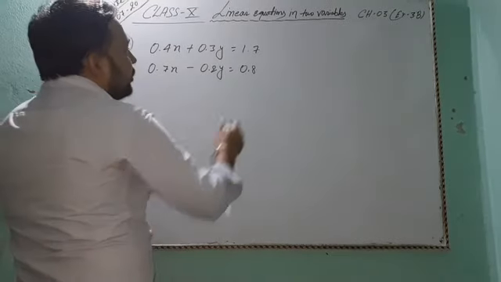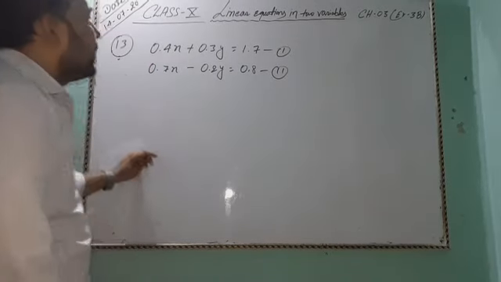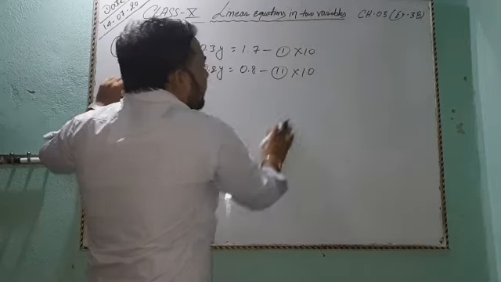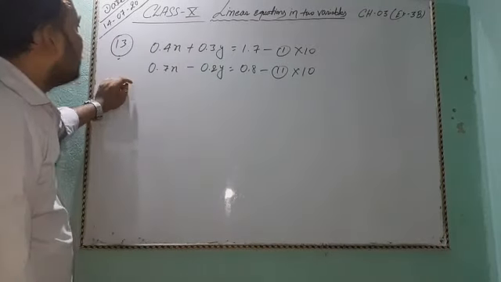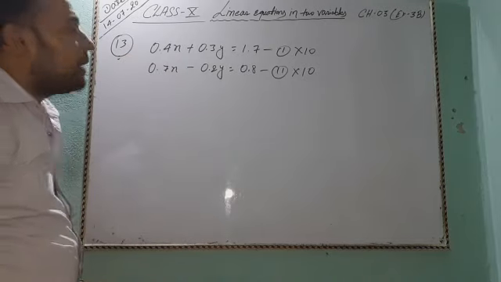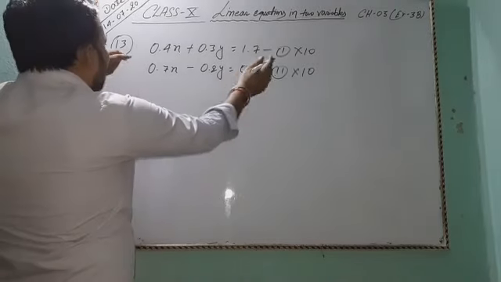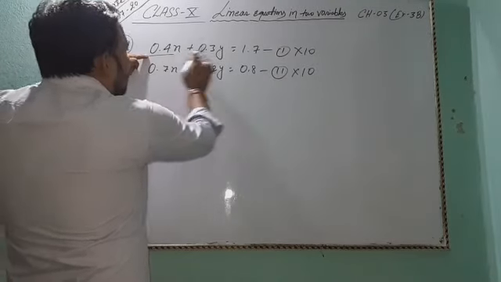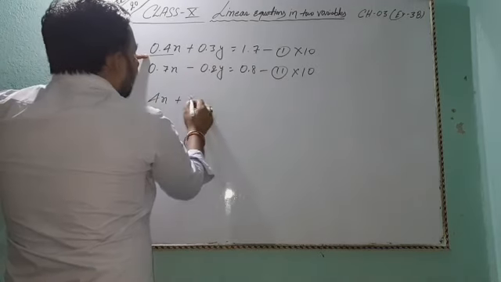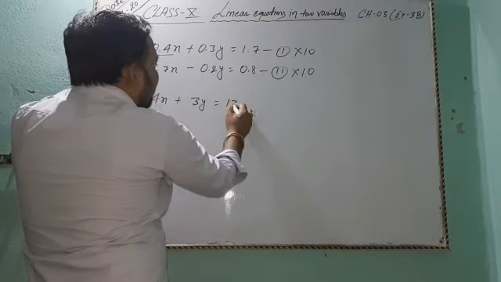So this is equation first and this is equation second, and equation first multiply by 10 and equation 2 multiply by 10, because all decimal points shift right by one digit. Okay, so 0.4 multiplied by 10 equal to 4x plus 0.3 multiplied by 10 equal to 3y and 1.7 multiplied by 10 that is 17.